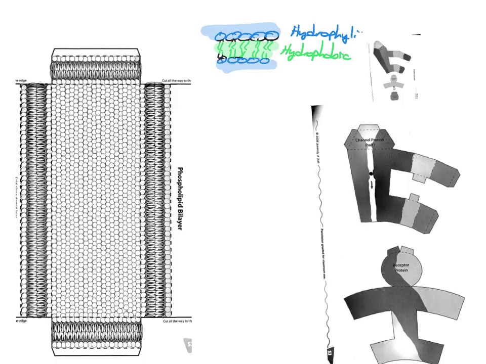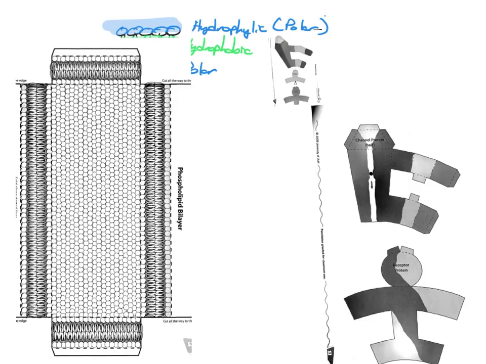And we said that there were two words for this, hydrophilic, or what we call polar, right? And this is polar down here. And then the middle part was nonpolar. Now that's what we talked about before. And that was yesterday's work.